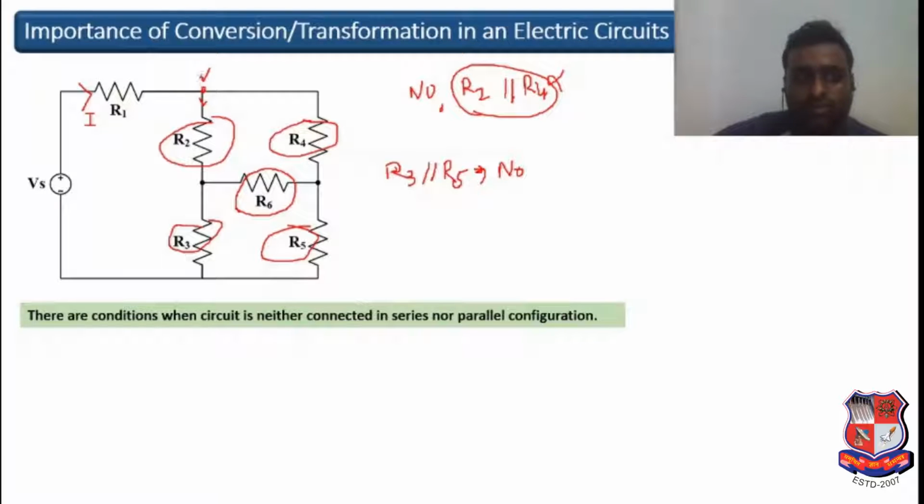Whenever two points meet, that can be called a node. At this node the current gets divided, and we know that a circuit where the current is not the same cannot be seen as series. So this is neither connected in series nor in parallel.